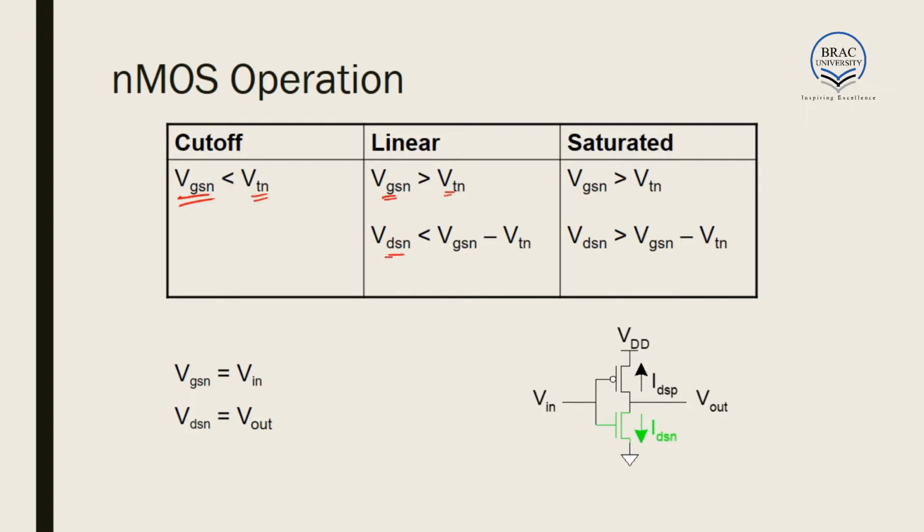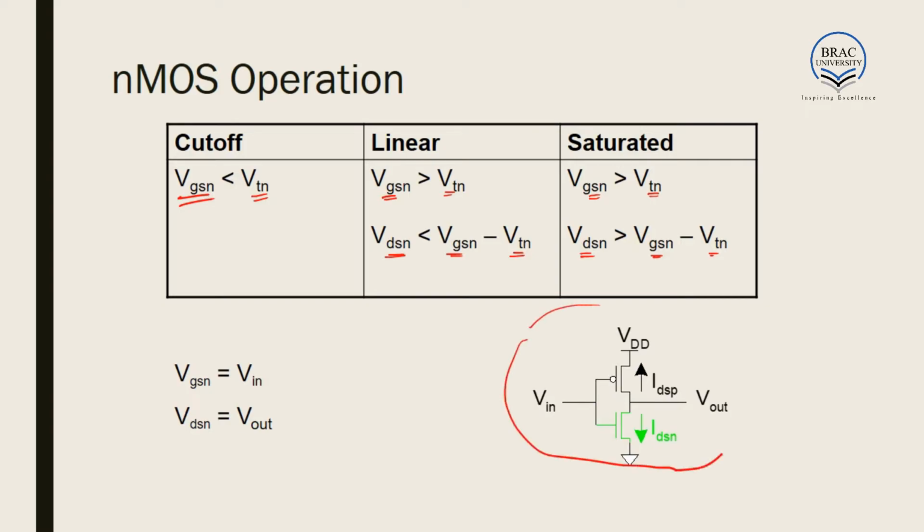And again, the drain to source voltage must be less than the gate to source voltage minus VTN, so that it doesn't pinch off. In the saturation region, the gate to source voltage again has to be greater than the threshold voltage to create the inversion region, but the drain to source voltage must be greater than the gate to source voltage minus the threshold voltage, so that a pinch off is created.